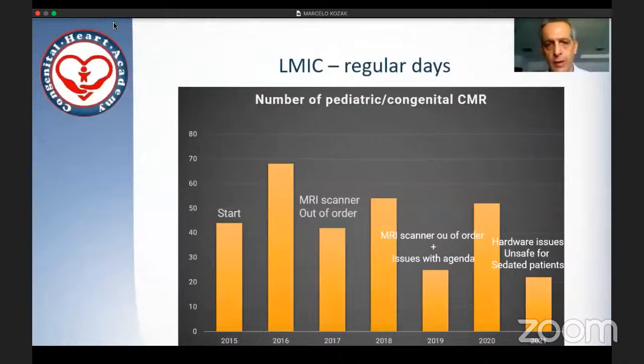In 2018, we had a roughly good number of cases, but then in 2019, the number of cases was very low due to the MRI scanner being out of order or issues with the agenda. Then in 2020, we had a regular year, even with the COVID pandemic. And this year, we have had hardware issues that made the MRI environment unsafe for sedated patients.